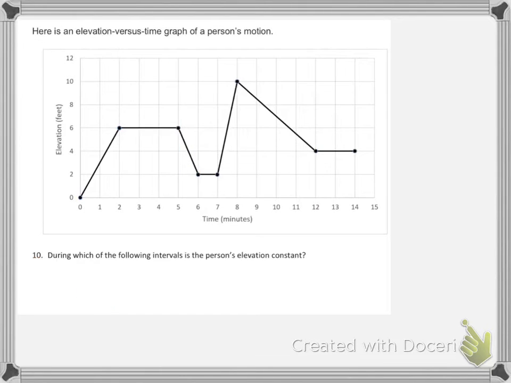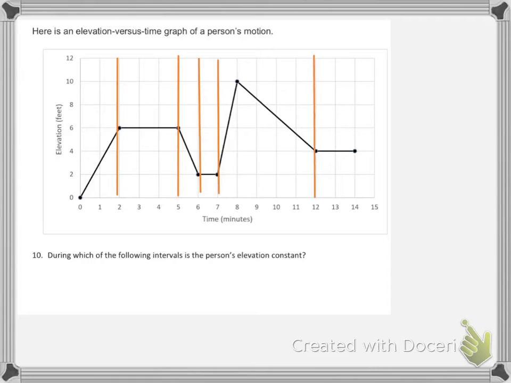All right, last one, number 10. During which of the following intervals is the person's elevation constant? We have 3 of those, and that is between 2 seconds and 5 seconds. Elevation does not change, stays at 6 feet. From 6 seconds to 7 seconds, the elevation stays at 2 feet.